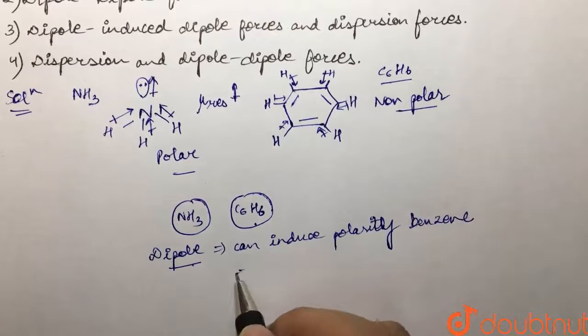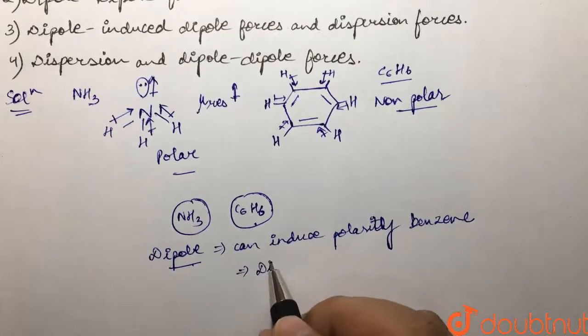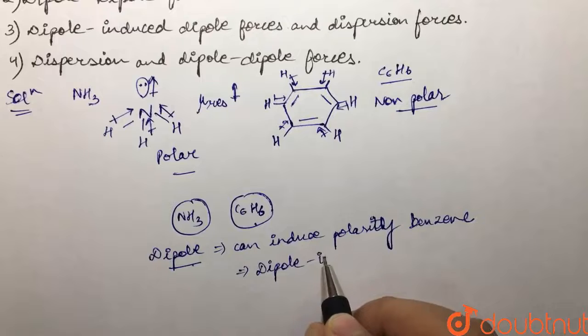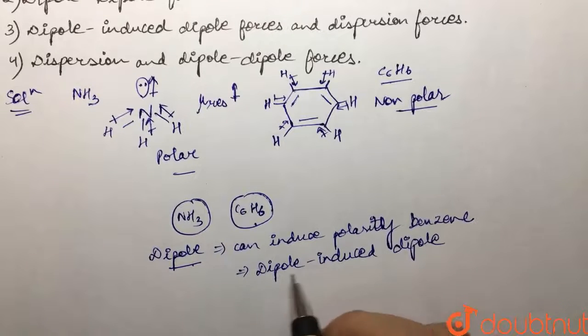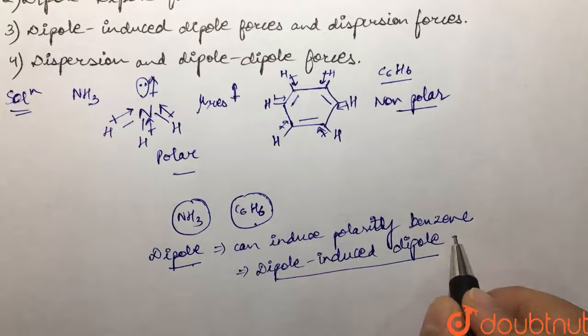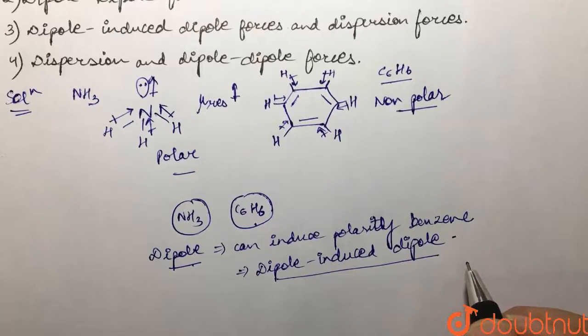And hence the intermolecular force that would be present between them would be dipole induced dipole, because one is polar and one is non-polar. So this is the type of force that can exist between them.